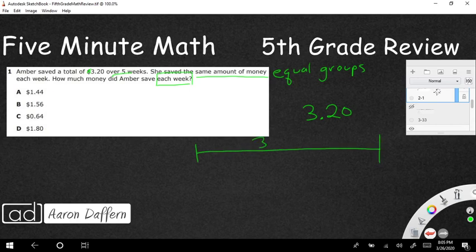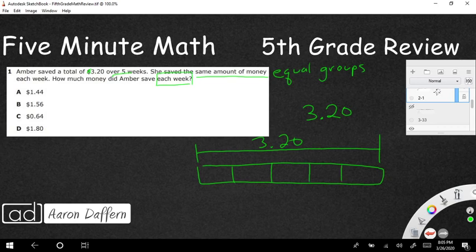So we've got $3.20, and what we know is we've got 5 equal groups. And the question is how much is in each of these equal groups? And so we have 5 equal groups of who knows what, and that's going to make 320, which means we're going to need to divide.